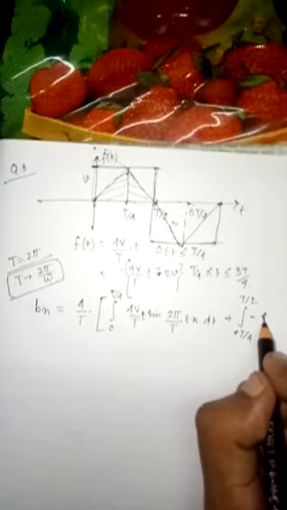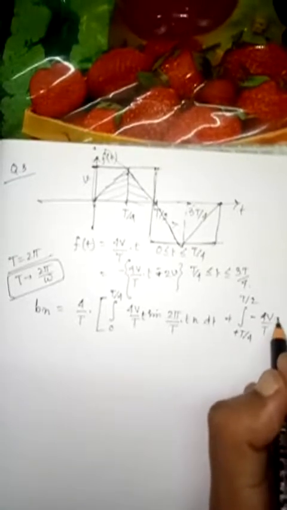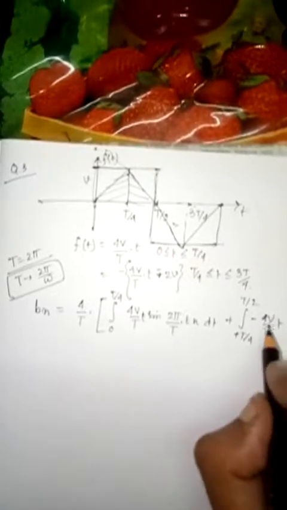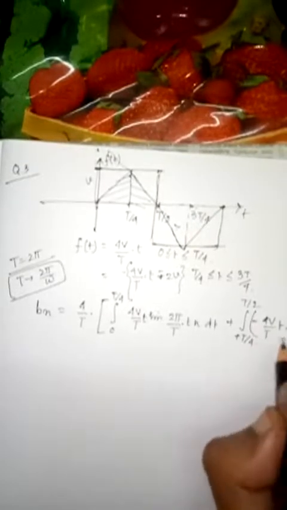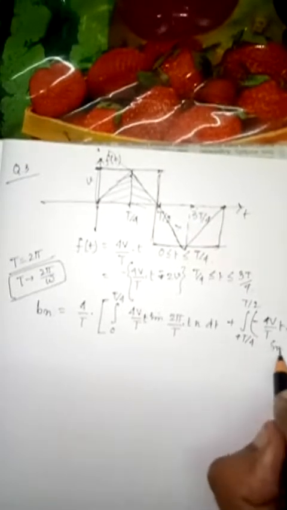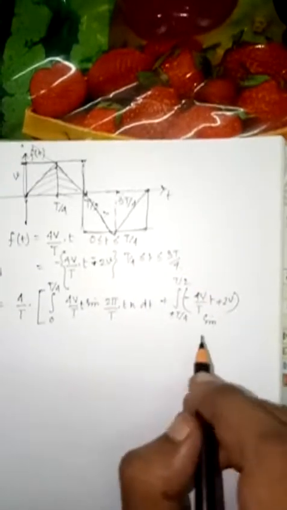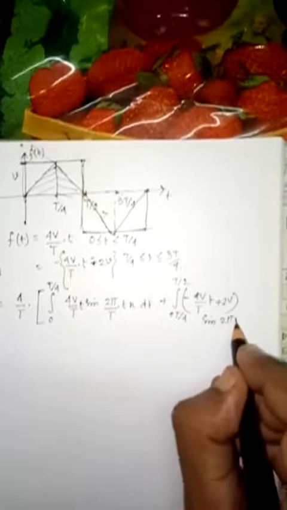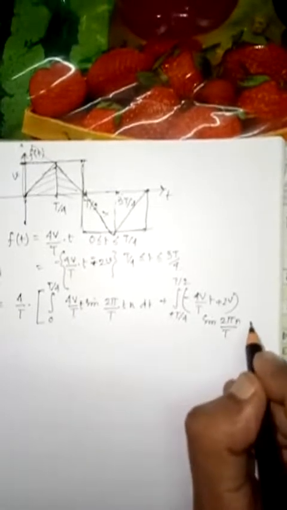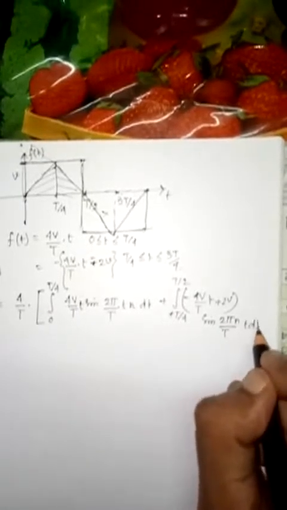We can write minus 4V by T into t plus 2V, sine of 2 pi n by T into t dt.